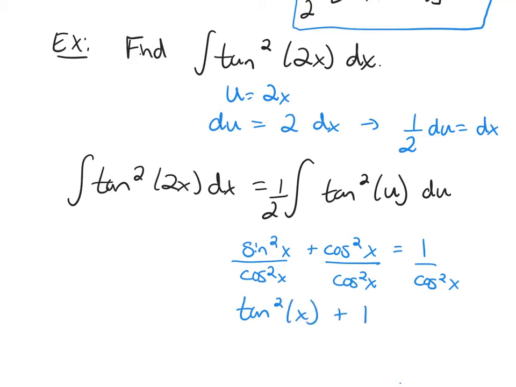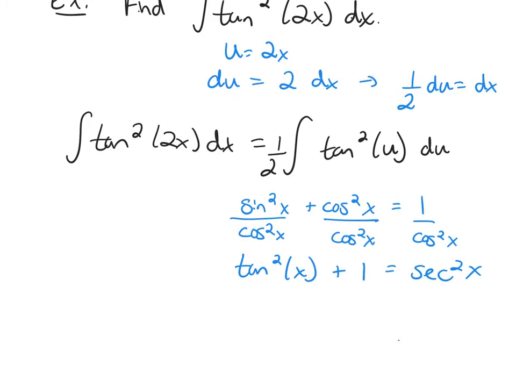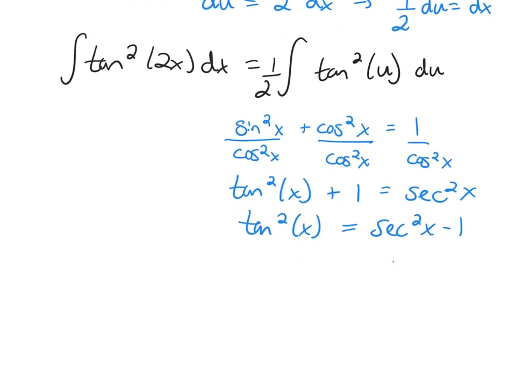Cosine squared over cosine squared is 1. And 1 over cosine squared is secant squared. And if you solve for tangent squared here, you get secant squared minus 1. So in my integral, I'm going to replace tangent squared by secant squared minus 1.